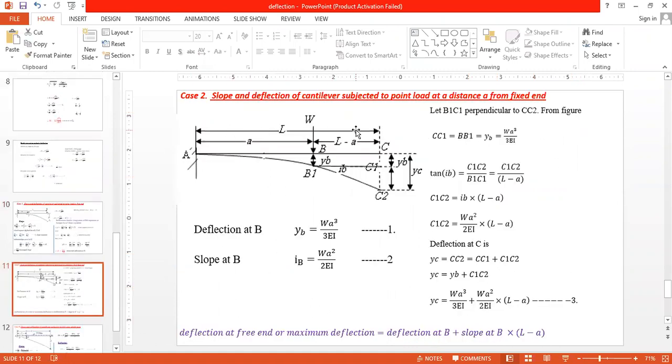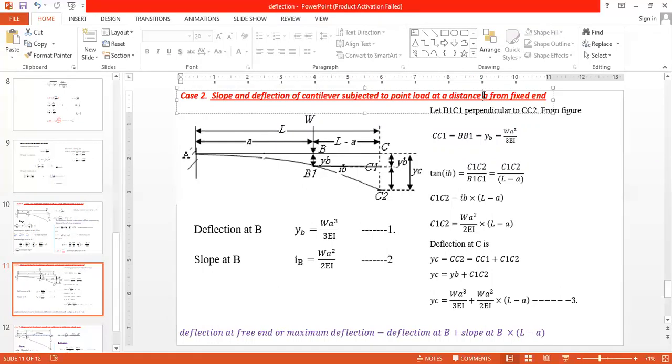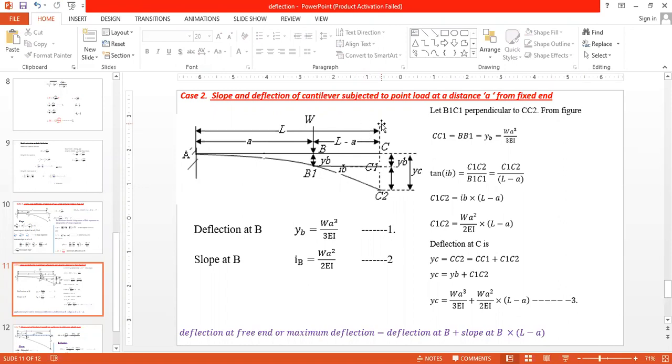Now, second case: slope and deflection of a cantilever subjected to a point load W at a distance A from the fixed end. Sorry, A from the fixed end. Now, see here. In the last case, we derived the deflection of the cantilever when the load is at the free end.